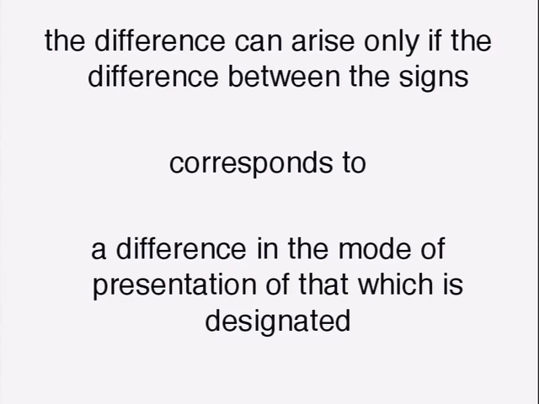When you get the sign B, there is another take, a way of getting onto that object that B expresses. And if they're different, then the identity is informative. If they're the same, then the identity is uninformative.